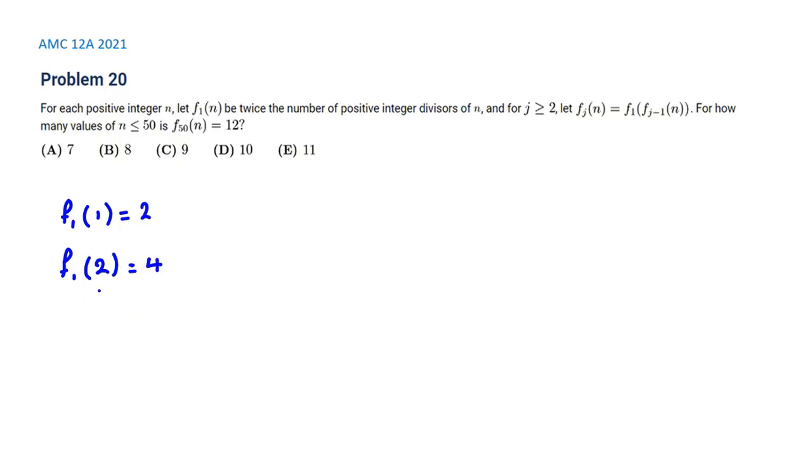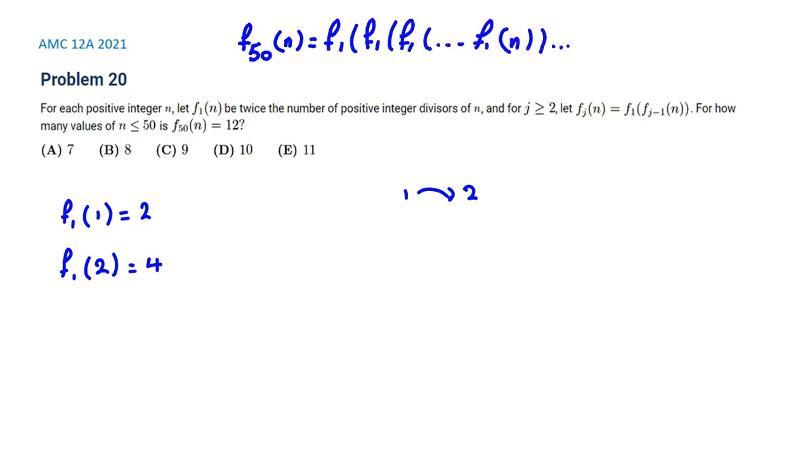So 1 goes to 2 under f1. f50 means you should take f1 of f1 of f1 and so on, 50 times, of n. Now we know 1 goes to 2, 2 goes to 4, and we want to see after 50 steps which number they go to.